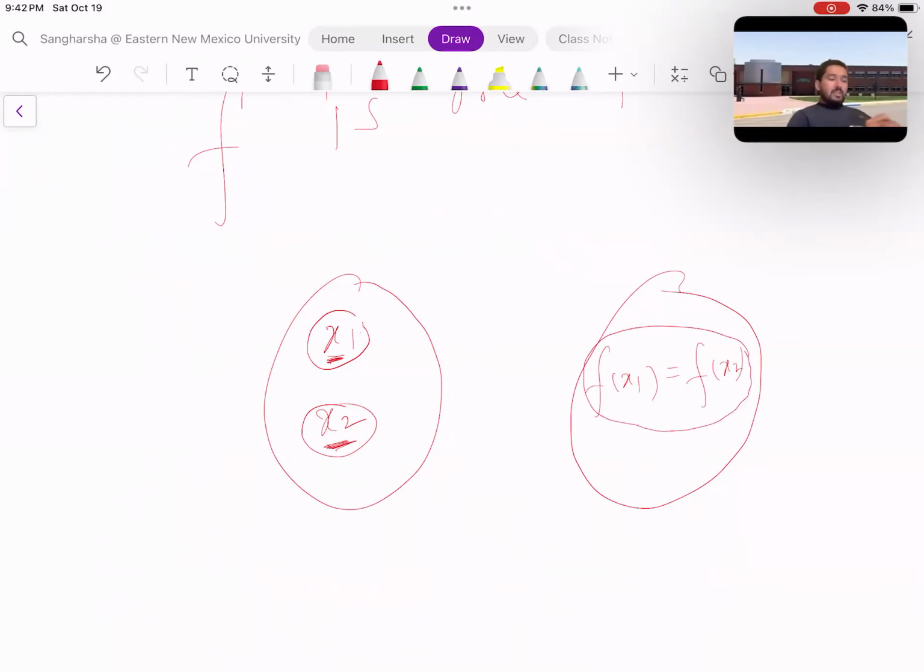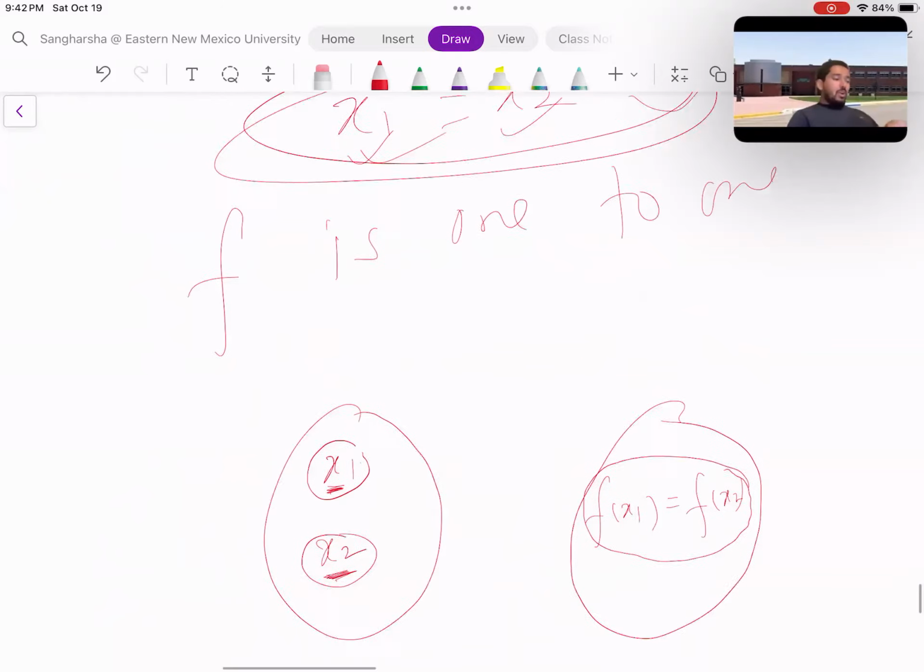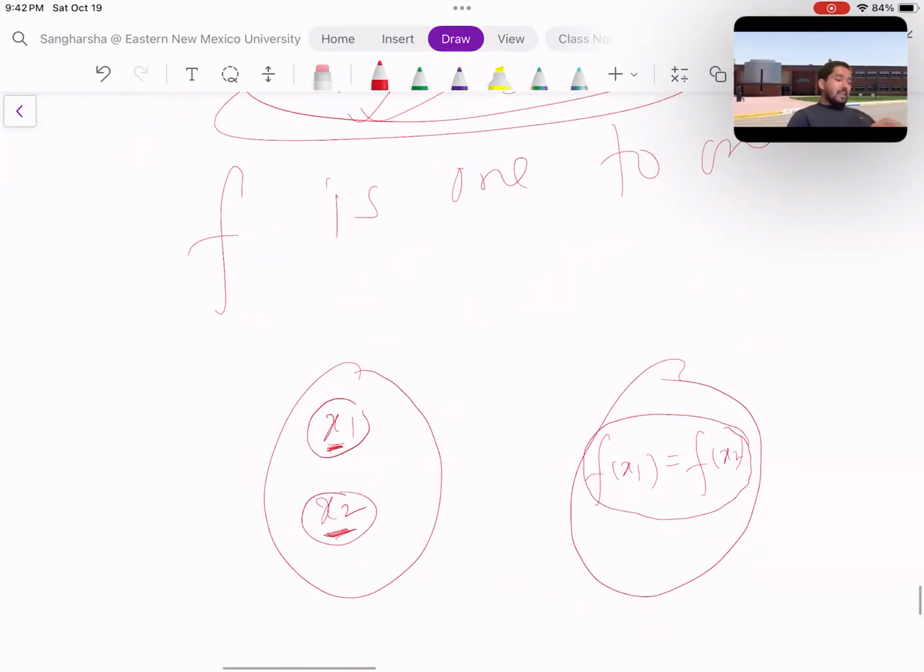Now, when we start solving, we found x1 is also equal to x2. So initially, we had this mapping: x1 mapping to f of x1, which is the same as f of x2, and x2 corresponding to f of x2, which is also the same as f of x1.